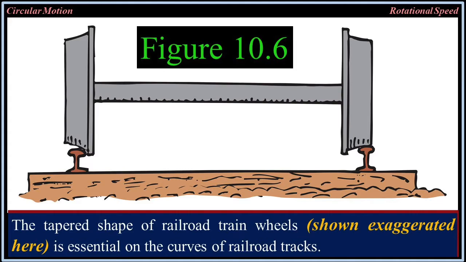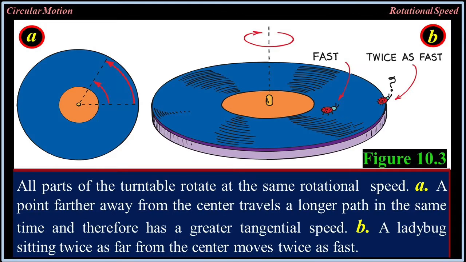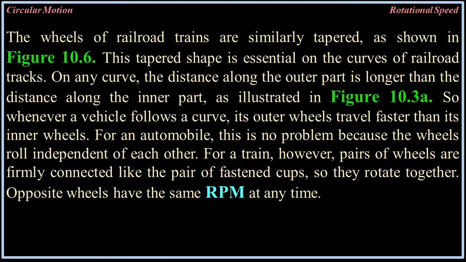On any curve, the distance along the outer part is longer than the distance along the inner part, as illustrated in figure 10.3a. So whenever a vehicle follows a curve, its outer wheel travels farther than its inner wheel. For an automobile, this is no problem because the wheels roll independent of each other.